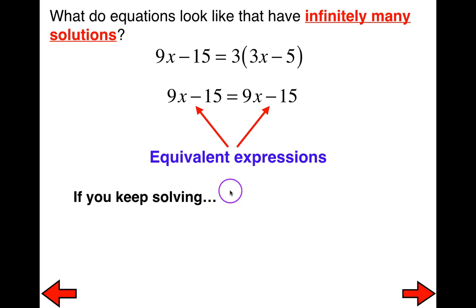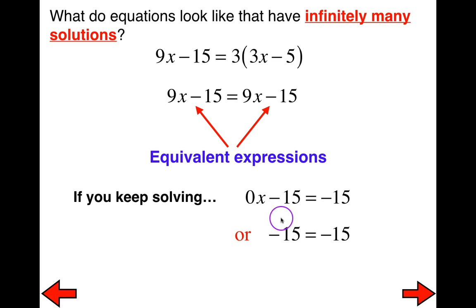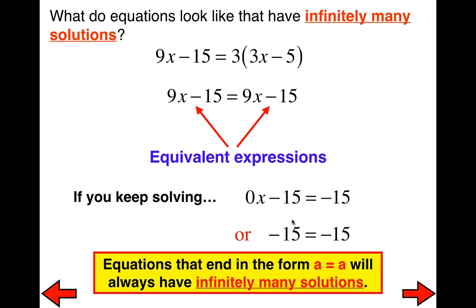So if you keep solving, you would end up like I just showed you in the previous slide, basically 0x minus 15 equals negative 15, but we really don't write the 0x, so it's negative 15 equals negative 15. So equations that end in the form of a equals a will always result in infinitely many solutions.